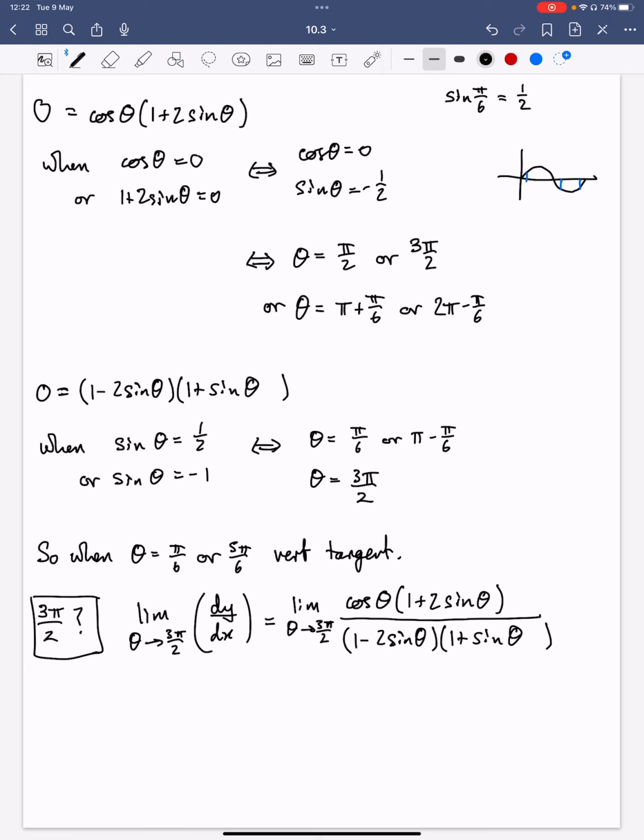Limit laws mean we can pull those two things out. So it's 1 plus 2 times negative 1, over 1 minus 2 times negative 1, limit theta to 3 pi by 2, of cosine theta over 1 plus sine theta. Okay, so I think that's, well, what's that? Negative a third.